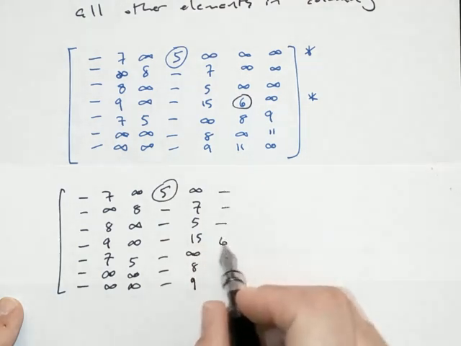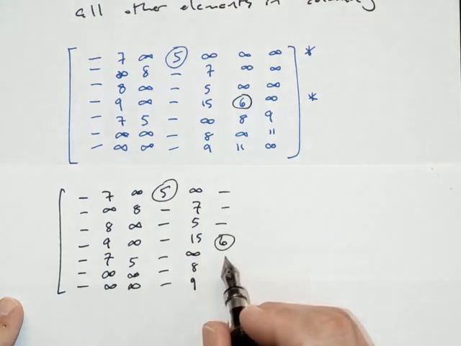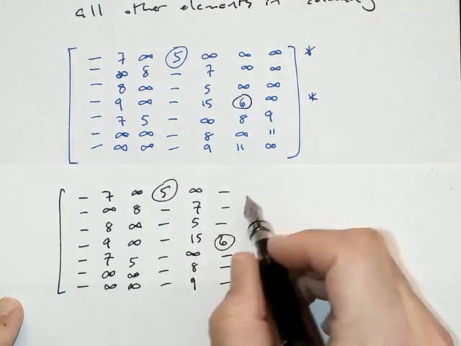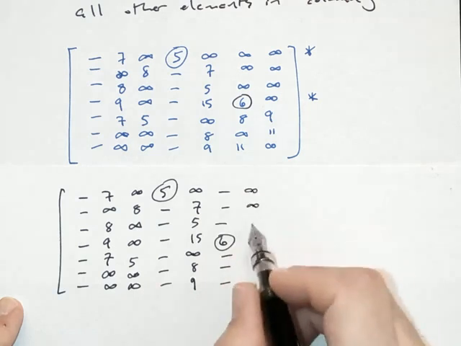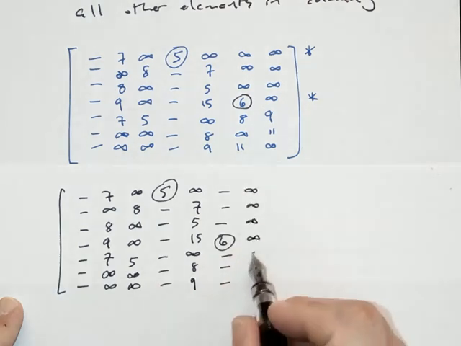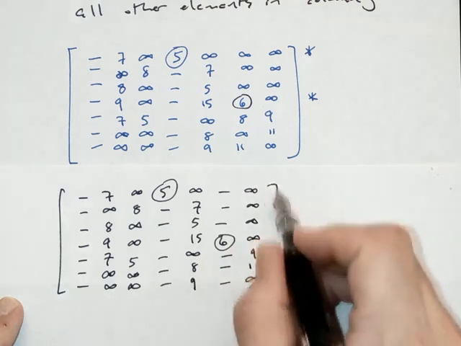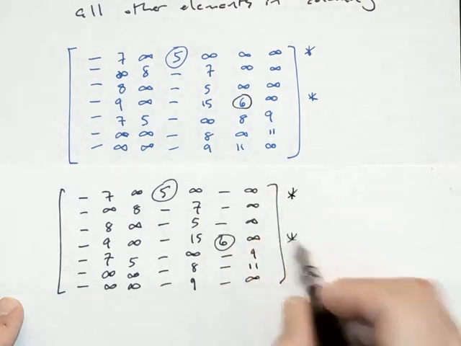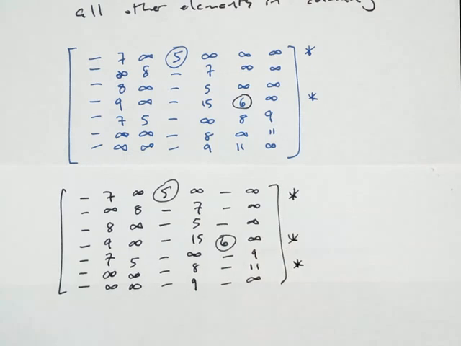Here, there's my most recent circle. I have a star on 1, a star on 4, and now a star on 6. Do it again. But notice now I'm making connections.